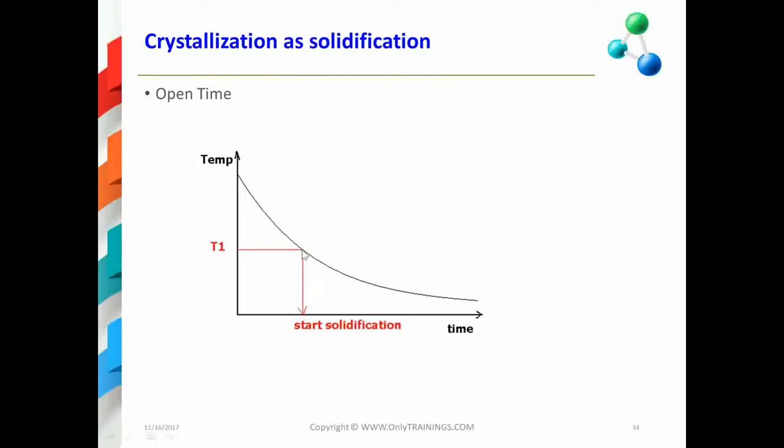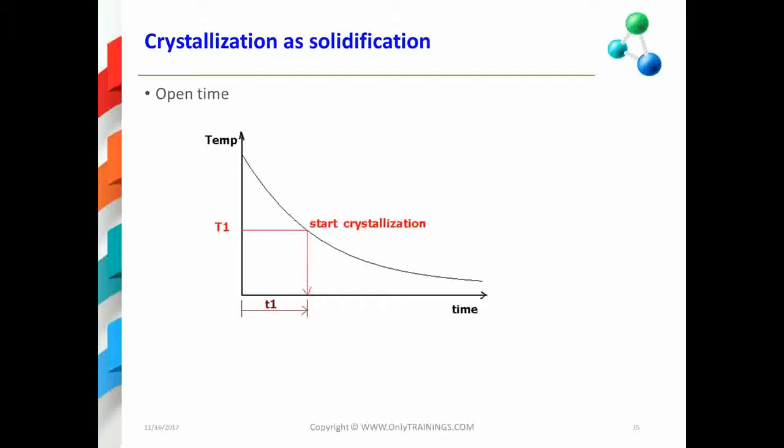The solidification starts, the crystallization starts. Of course, depending on the circumstances and so on, as I've explained a little bit earlier. And we are talking about crystallization as the mechanism of solidification.